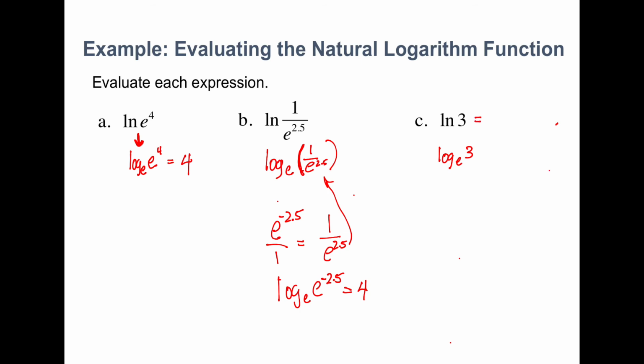We would go to the ln button on our calculators and do the ln of 3. And what we see is approximate. Since we're going to have to round it, I'm going to use the approximate symbol. 1.0986123 is about as far as I want to go there. That's the approximate result. So e to this power, which is a decimal, crazy as it is, would result in an outcome of 3.